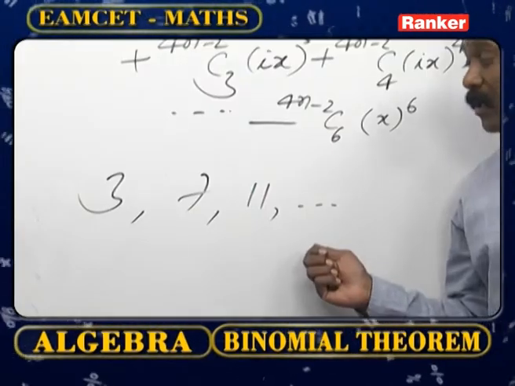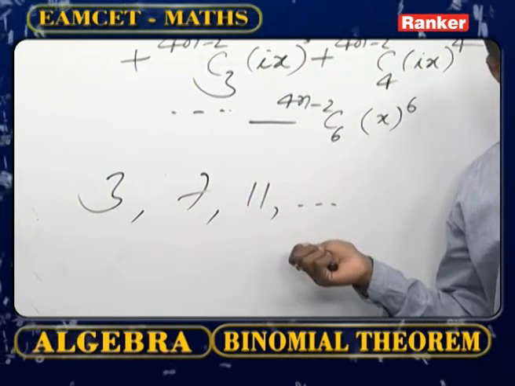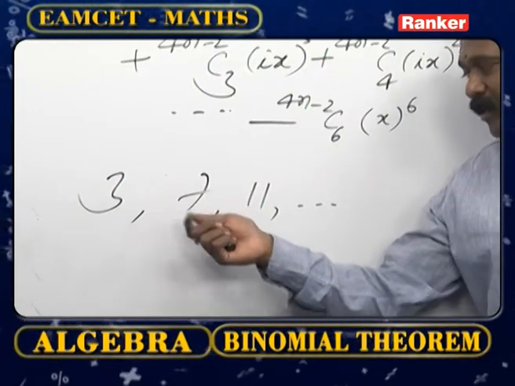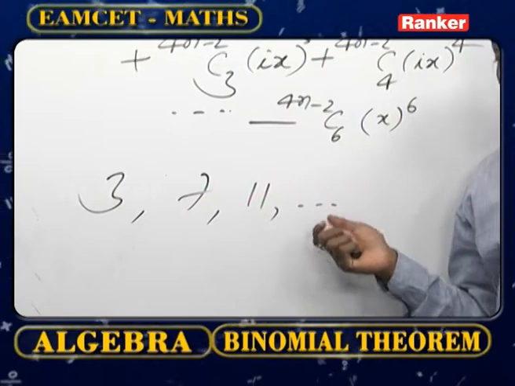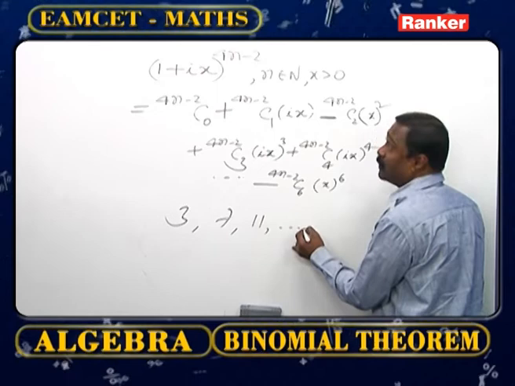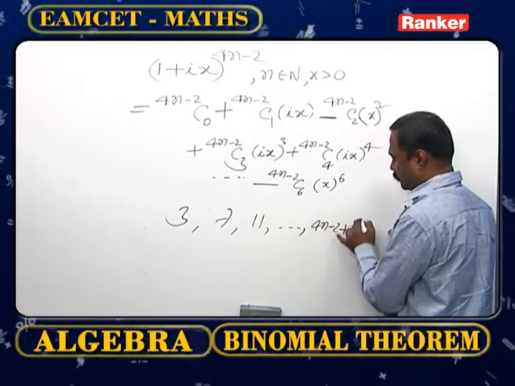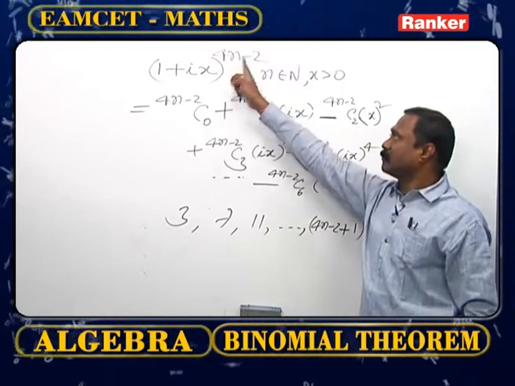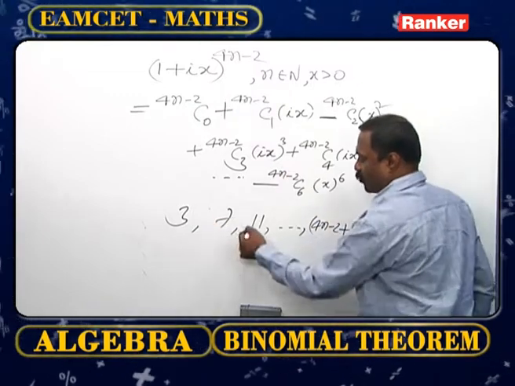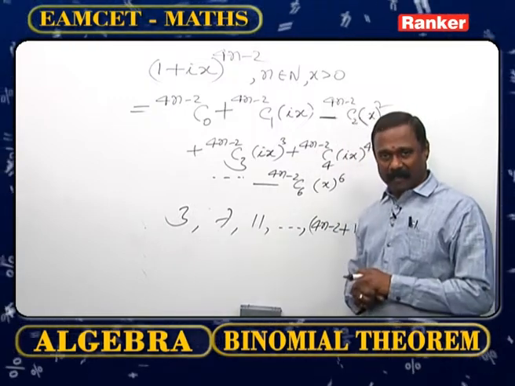You need how many such negative real terms will be there in this expansion? Okay. So, we have got it to be a series 3, 7, 11 like that, and the number of such terms are needed for us. And in this expansion, what should be the last term? 4n minus 2 plus 1 is the last term. So, in this series, I am just finding the nth term in this expansion.